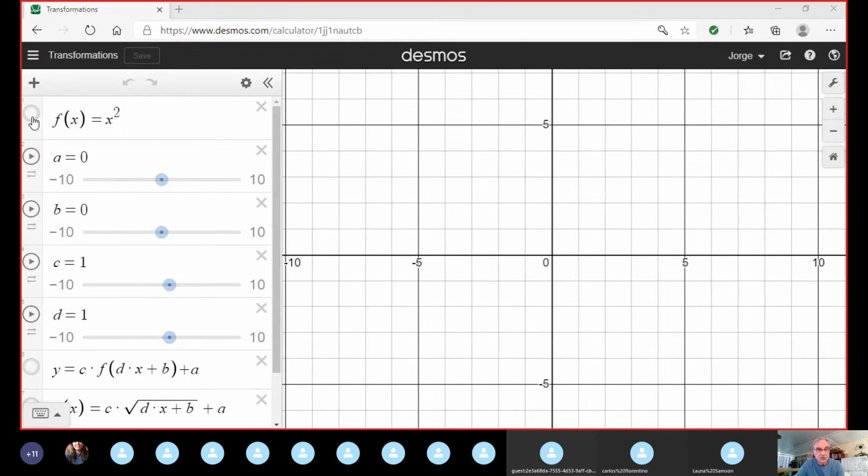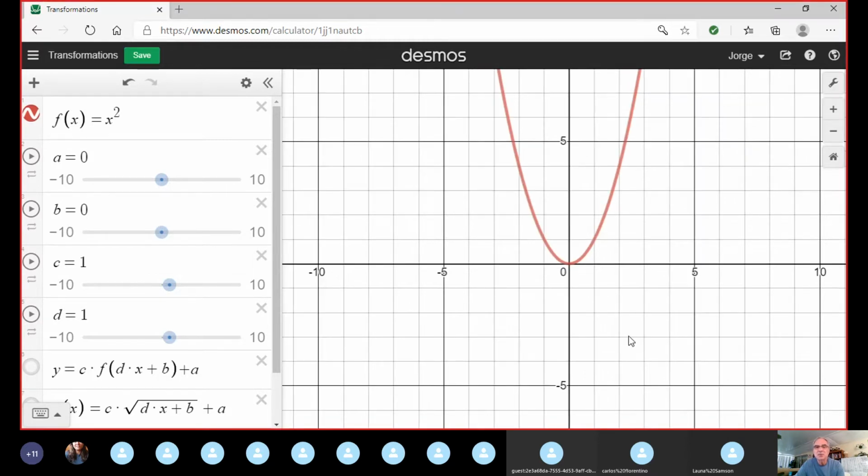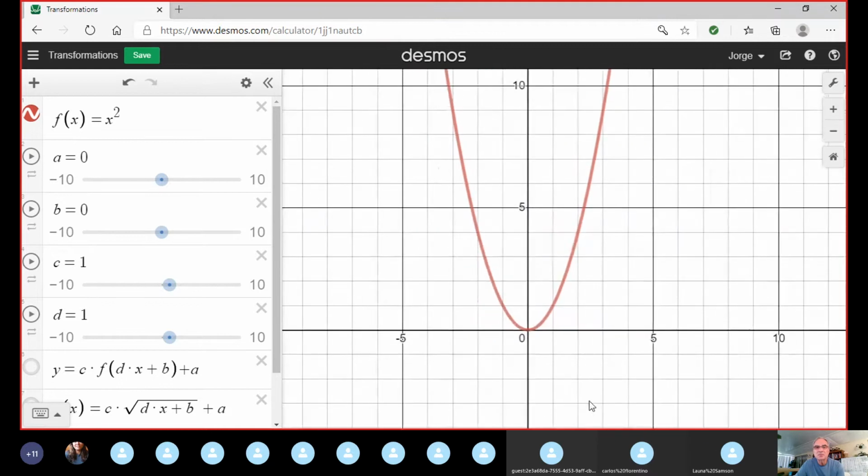But the first one is the basic parabola. This is the basic without transformation. And the transformation that we study now is called vertical shift. Vertical shift is the parameter A. When I change the parameter A to a positive value, look at what happened.